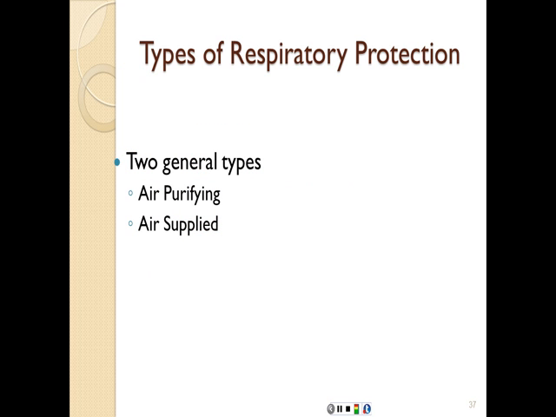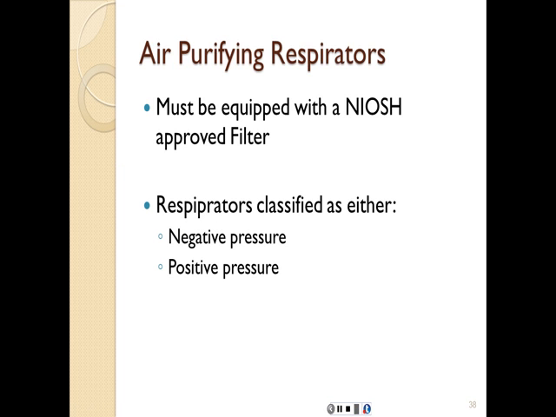So the types of respiratory protection include two general types. One is air purifying, that does not supply additional air, and the other one is air supplied, when air purification is not enough and you need a constant supply of air. The air purifying respirators must be equipped with a NIOSH approved filter. It's going to be a filter to take away the hazardous substance, whether it's a fume or a gas or something like that, by chemically reacting with it and neutralizing it.